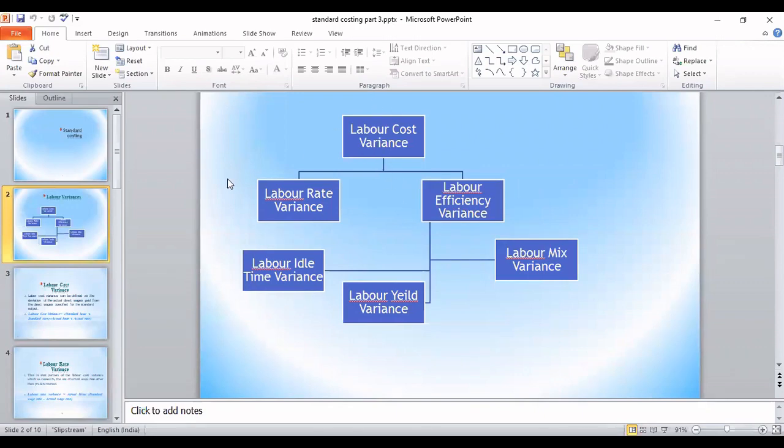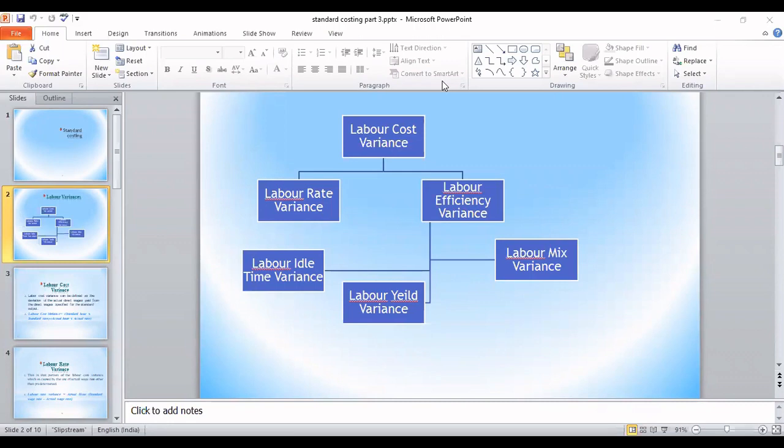So the very first one is labor cost variance. Here, first understand, for finding out labor cost, there are two factors which are responsible. We have to know the value of two things.